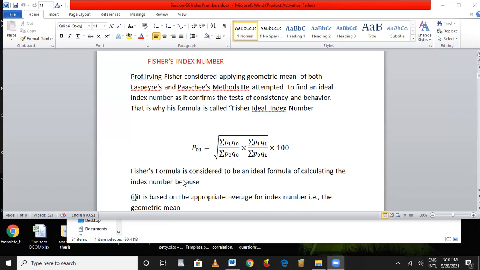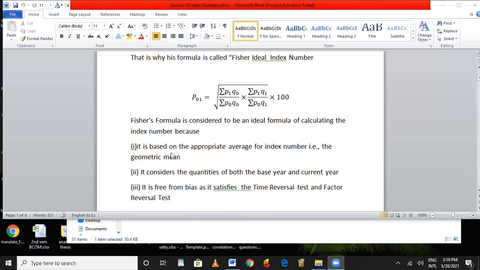Fisher's formula is considered to be an ideal formula for calculating the index number. First, it is based on the appropriate average for index numbers, that is the geometric mean.